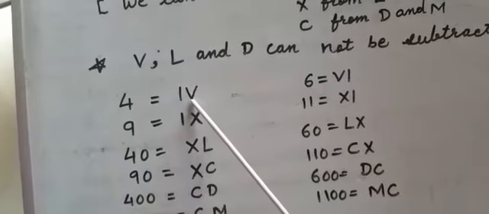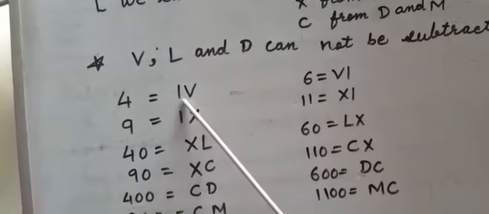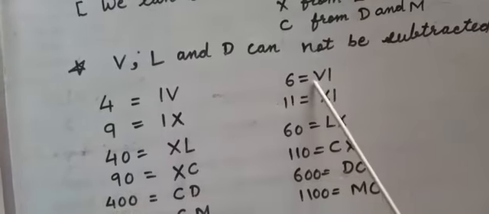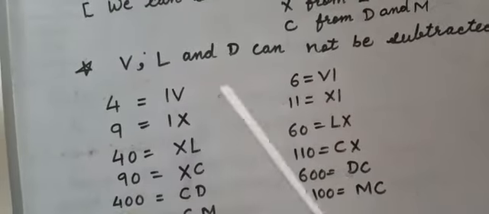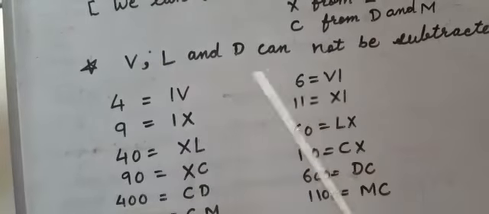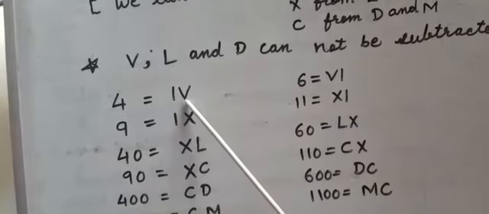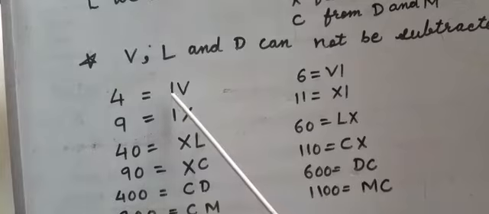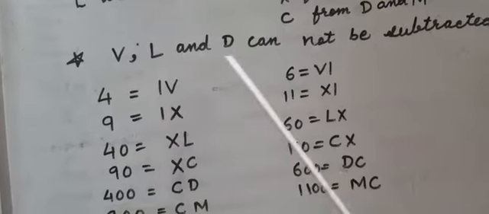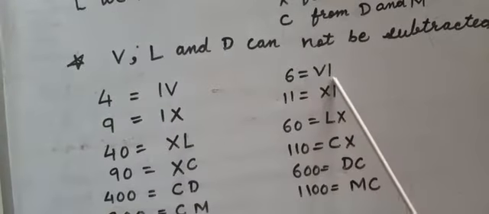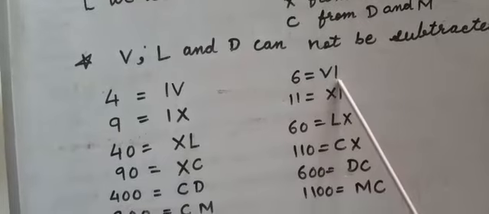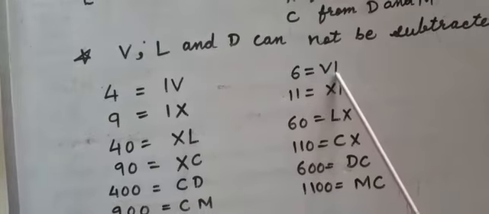That is why here the value is subtracted and here value is added. So children, don't get confused between these two. This is representing 4 because I is written before, subtraction has been done, and here I is written after, that is why addition has been done. 5 plus 1, it will give you 6.